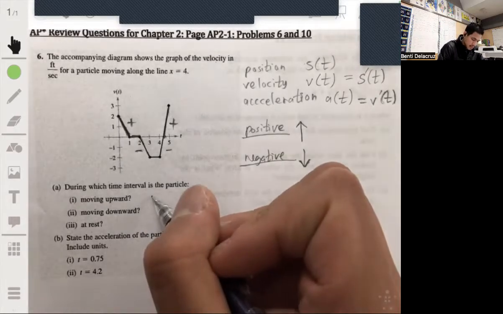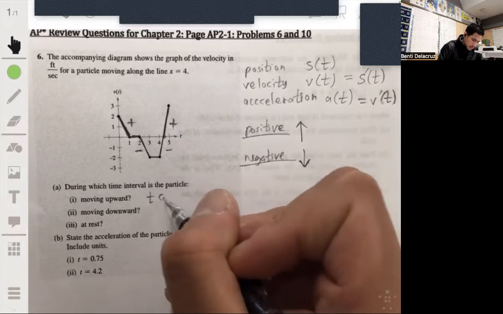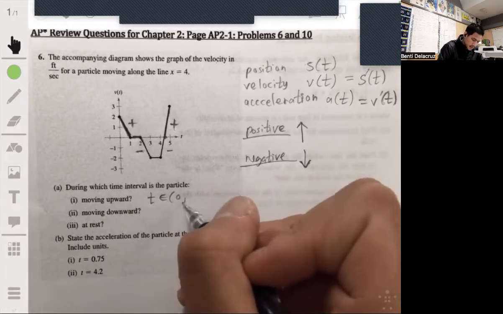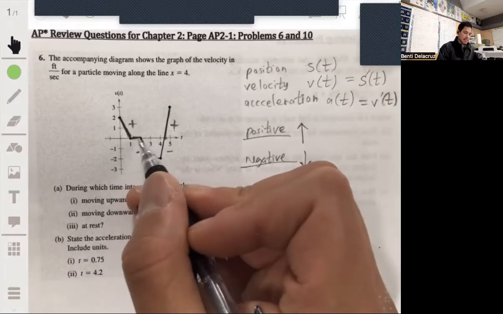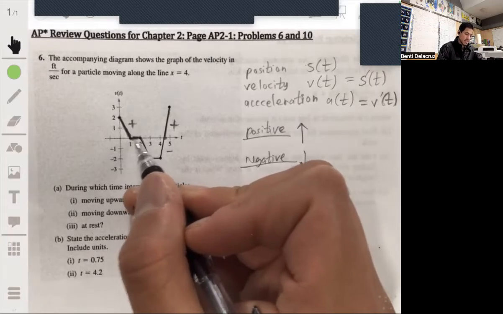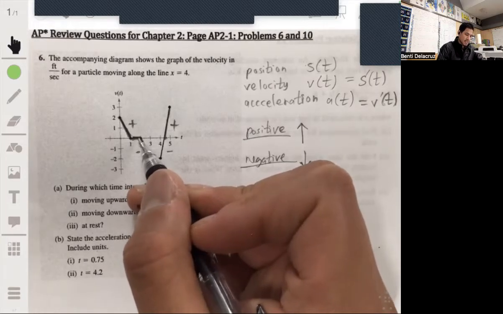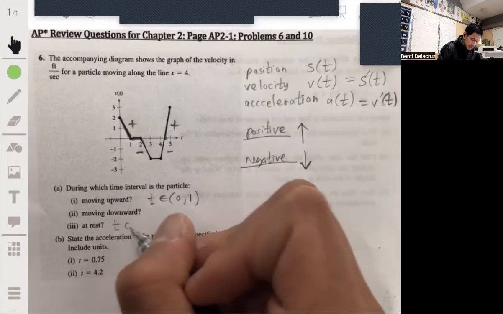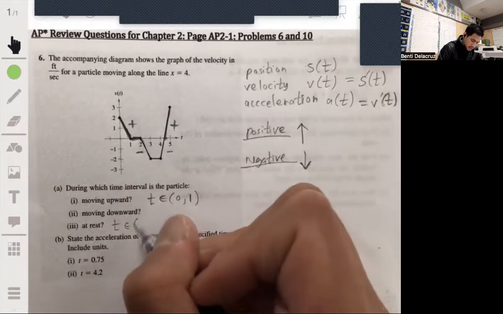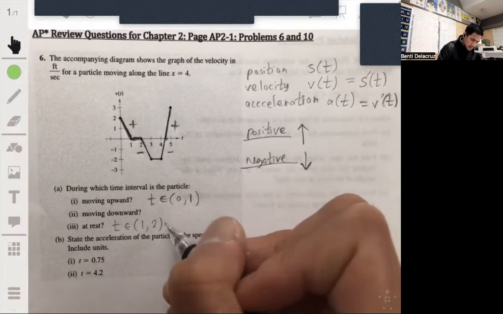So it's moving upward from 0 to 1. And then it becomes still. It's at rest here because the velocity is 0. So it's at rest from 1 to 2 seconds. So when t is 1 to 2.